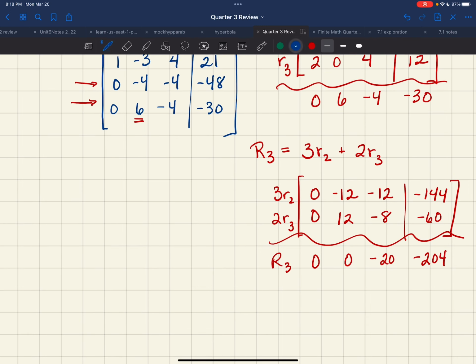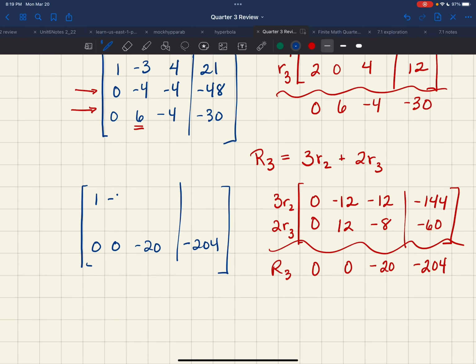I should have my completed matrix now, and I am suspicious that I'm not going to get a whole number here. So my last row is 0, 0, negative 20, and then negative 204. My top row is 1, negative 3, 4, 21. And my middle row is 0, negative 4, negative 4, negative 48.